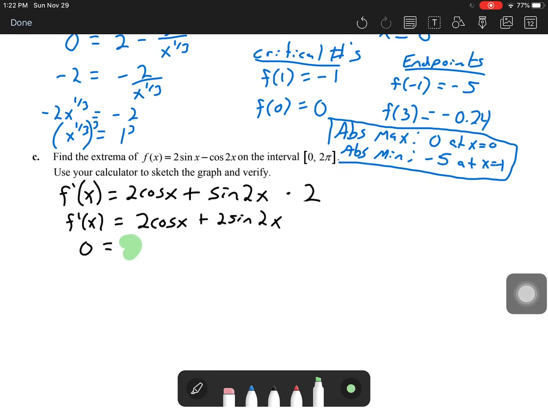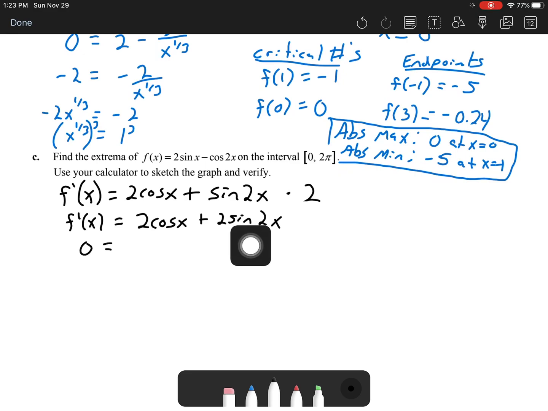Okay, so if I set this equal to 0, we'll have 2 cosine x. Now, as I'm looking at this, I don't really see anything I can do with the way it is. So if you recall, there's this sine 2x.